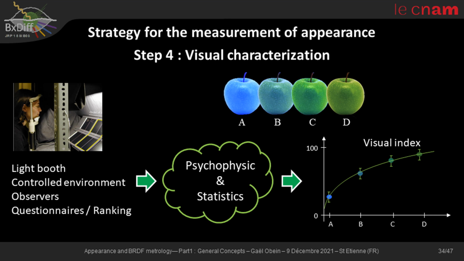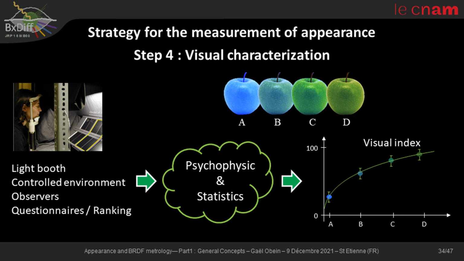We put an observer in a given light environment that we control. We ask the observer a very simple question, and that's why I put a part 2 in this lecture where I will explain this, because I guess you're not familiar with it, but it's very interesting. And using psychophysics tools and using statistics, we can also get a number that is on a visual scale.